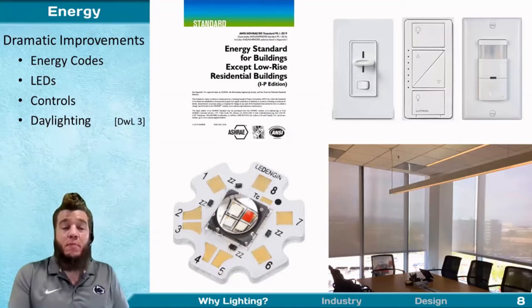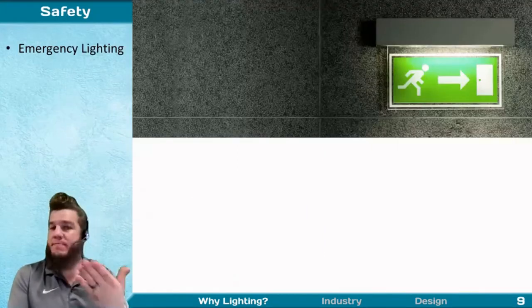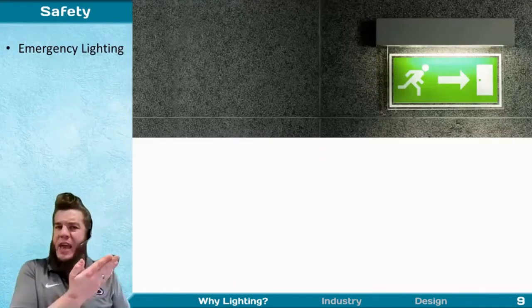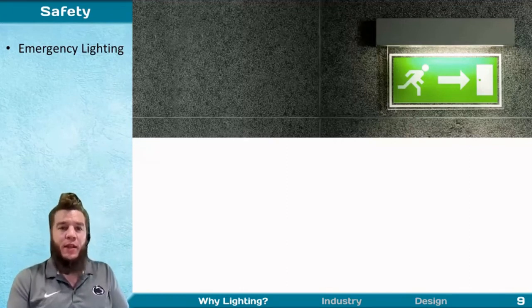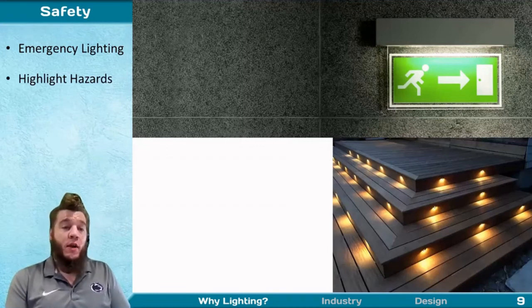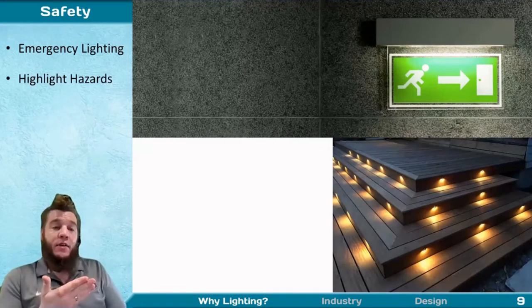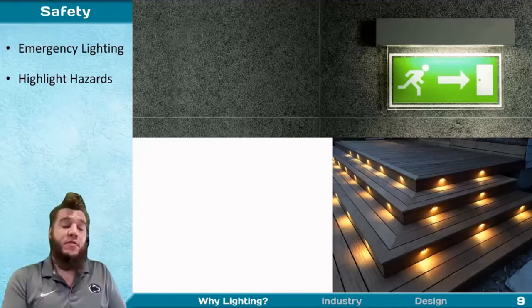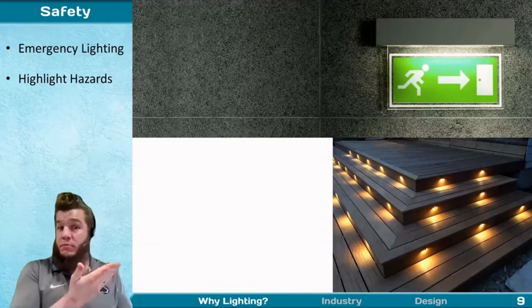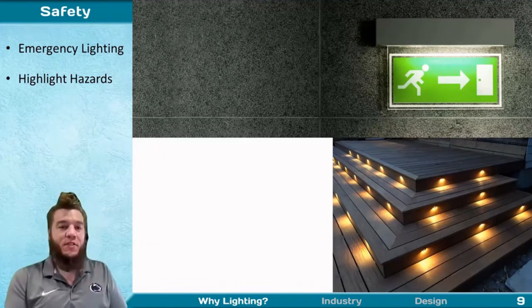So moving past energy, safety is a big part of lighting. So the obvious emergency lighting, but it's much more than that. We can also consider a lot of forms of task lighting that highlight hazards in our environment, so that we don't fall down these stairs and not notice the step.